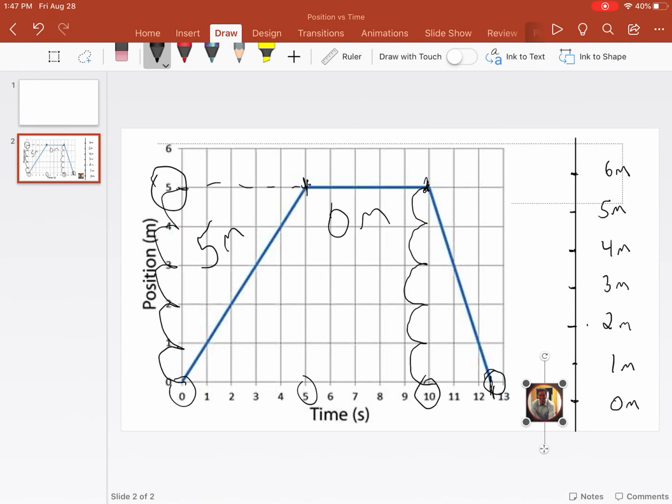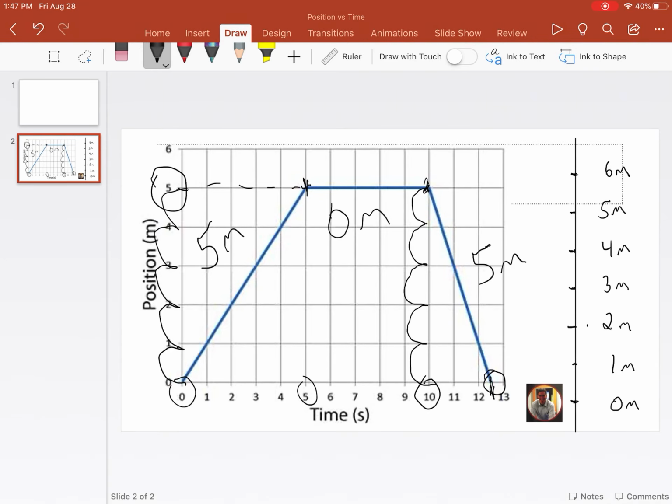So I walked 5 meters back the way I came. So I walked 5 meters forward, stayed there, and walked 5 meters back. So that's literally just 5 plus 5, which equals 10 meters. So literally you just add up all the back and forth motions on the graph and get a total distance.